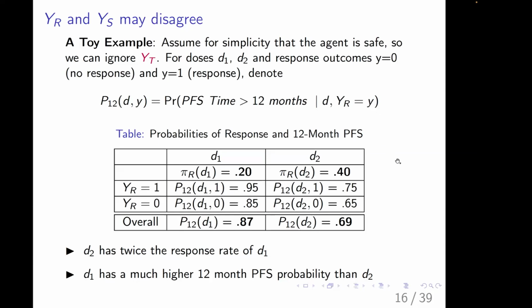So here's a table that I cooked up to show you that probability can be counterintuitive. So in this toy example, for dose 1, the response rate is 0.2. For dose 2, the response rate is 0.4.